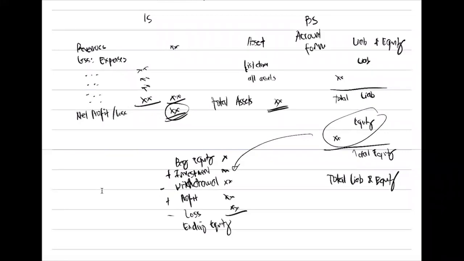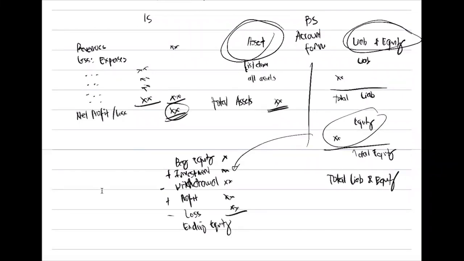It is known as account form because you show in account here the asset on one side and the liabilities and equity on the other side. This account form of balance sheet is presented in horizontal format with information in two columns beside each other. So if two columns siya, merong asset, may liabilities and equity, account form.